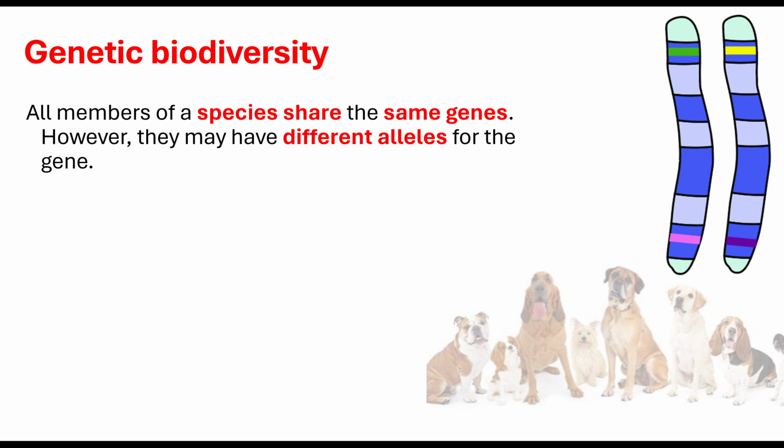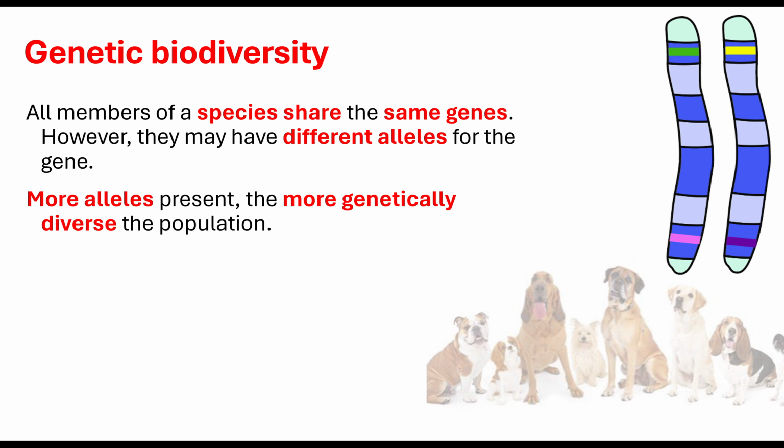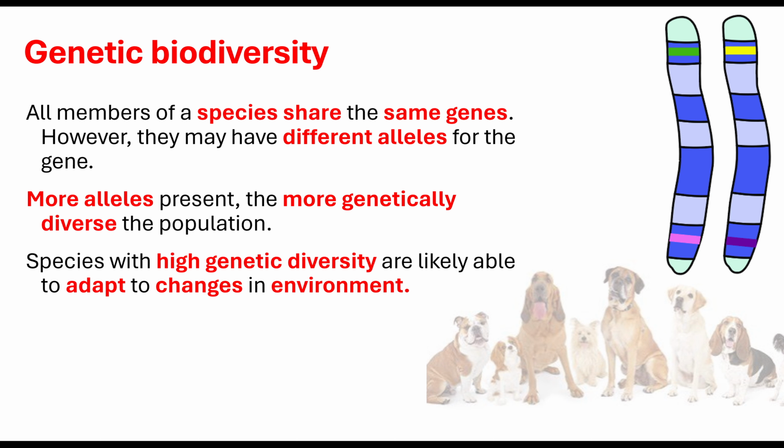So if we are looking at a gene specifically, the more alleles that are present for that gene, the more genetically diverse that population is. So we can say that if the species have a high genetic diversity, they are more likely going to be able to adapt to any change in the environment.